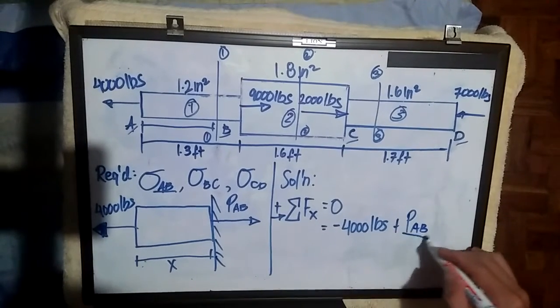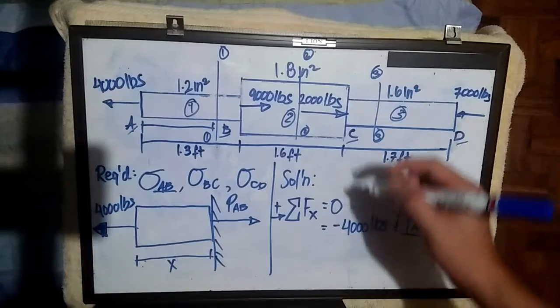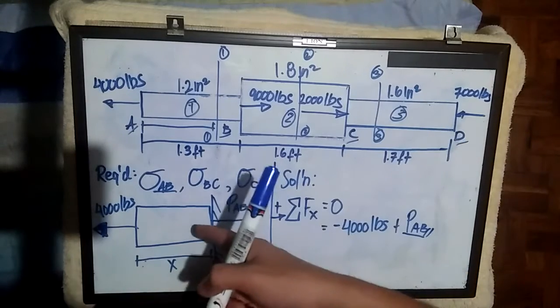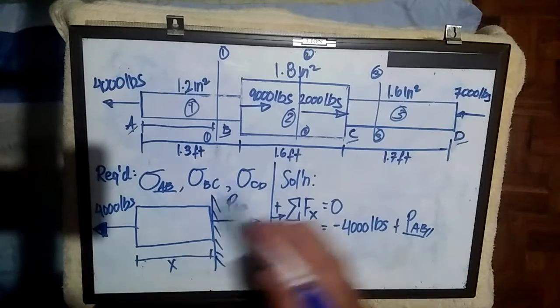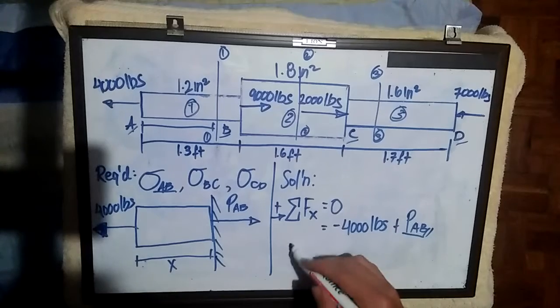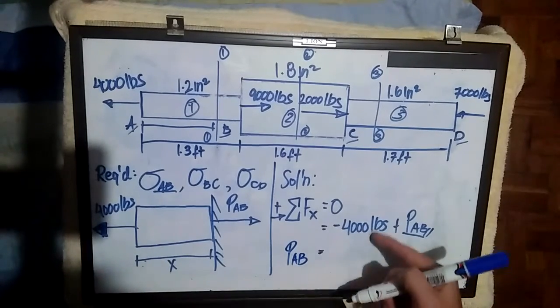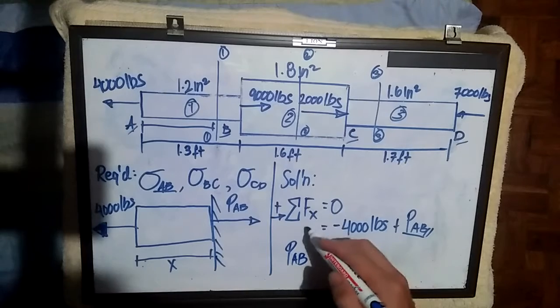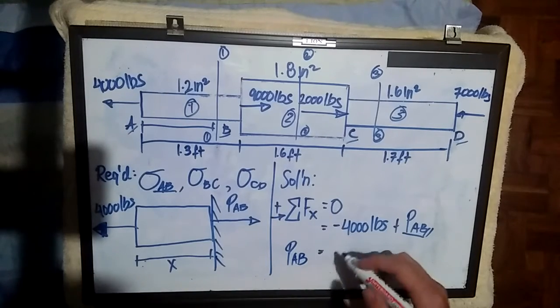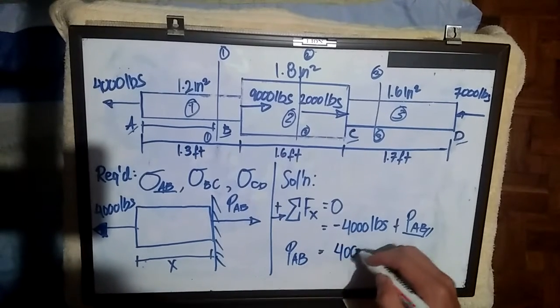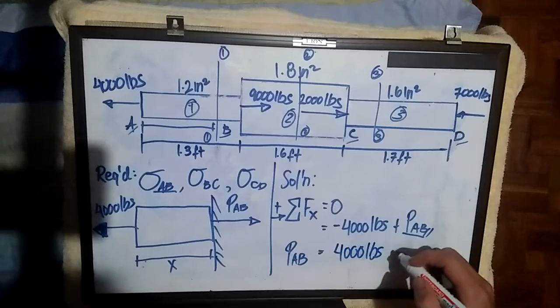Then isolating this one kasi ito yung kailangan natin in order for us to solve for the internal force inside this segment. So transpose lang po natin yan. P sub AB is equals to, yan. So, negative siya, transpose mo sa kabila, naging positive. So, positive 4,000 pounds.